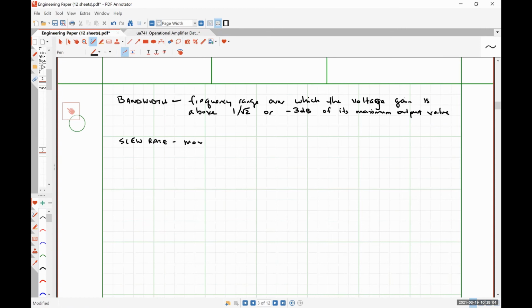Maximum rate of change of an op-amp's output voltage. And for sinusoids specifically, our slew rate, SR, has to be greater than or equal to 2 pi times the frequency of the sinusoid multiplied by the peak value or amplitude of the sinusoid.